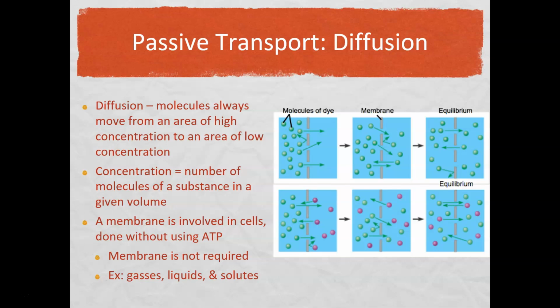I'm going to take molecules away from an area where they're highly concentrated, really packed together, and move them to an area where they're much lower, okay, less concentrated, more spread out. So when we define what concentration means, we're talking about the number of molecules of a particular substance, sugar, for example, in a given volume.